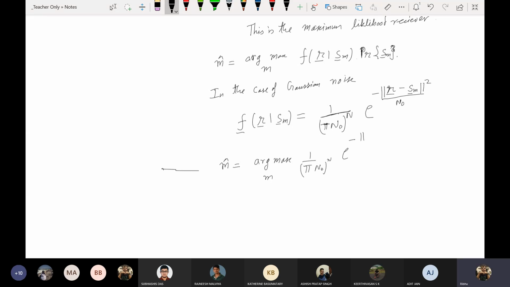Makes sense? R is Sm plus eta, the vectorized version of eta, yes. One upon n naught times.